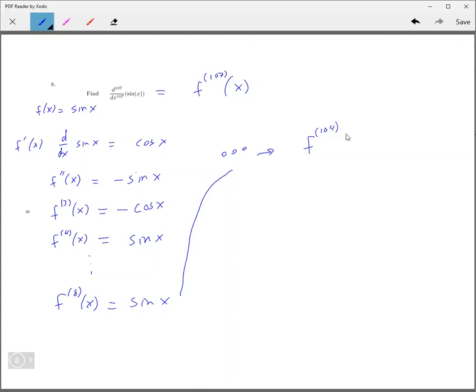Yeah, 104. Okay, so that's going to be sine x. So that means you go 3 more. That means that this is going to be the same as the third derivative, which is this one right here. So negative cosine x.